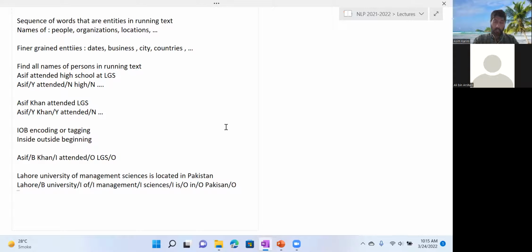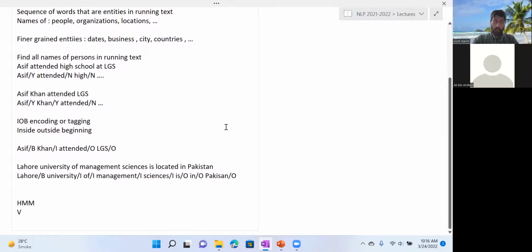If we relate it with HMM, V is the vocab of all words, and S is the set of labels, which is I, O, and B. The size of S would be 3 in this case, and the size of V is of course the vocab size.